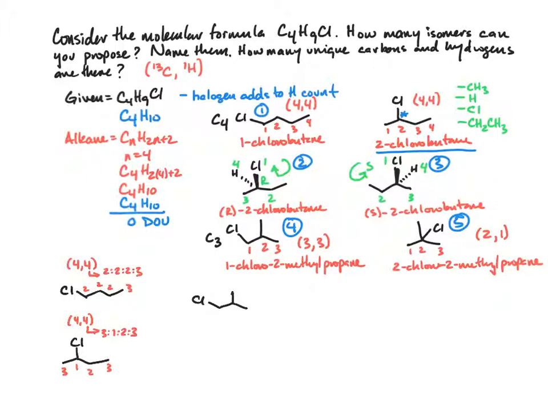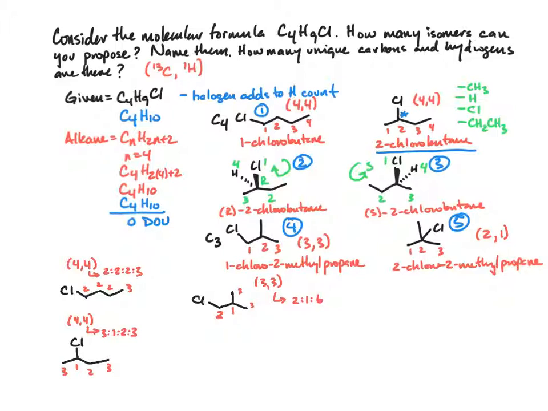So this 1-chloro-2-methylpropane, we said was 3 and 3. If we determine the number of hydrogens, we have 2 to 1. And then these 2 methyl groups, with each having 3 hydrogens, are going to be equivalent. So we could write a ratio of 2 to 1 to 6.